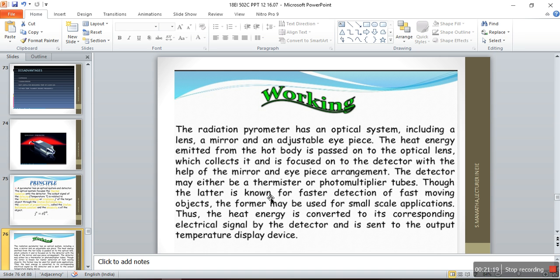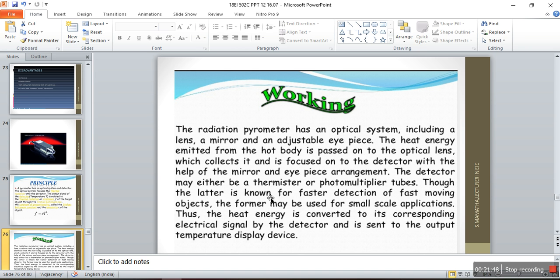So in order to avoid that, the thermal radiation emitted by the hot body is taken, adjusted by lenses and mirrors using the optical system, and focused onto a detector, again a thermal detector such as a thermistor or photomultiplier.